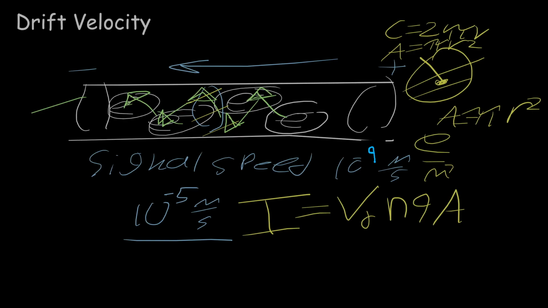Now we're going to get into current density. Current density is very useful when calculating the velocity, as if we remember, our current is just a scalar quantity of the change of charge over a cross-sectional area per time.